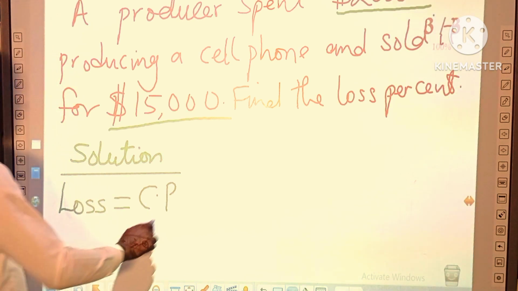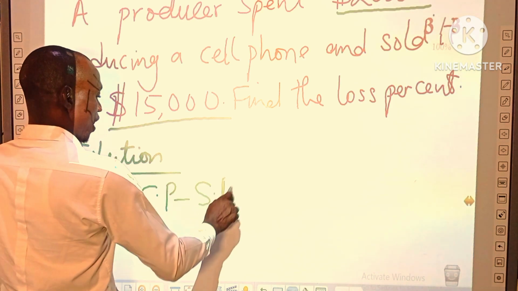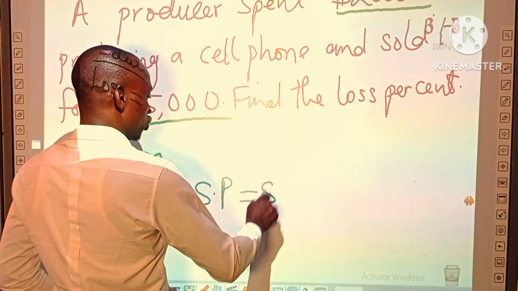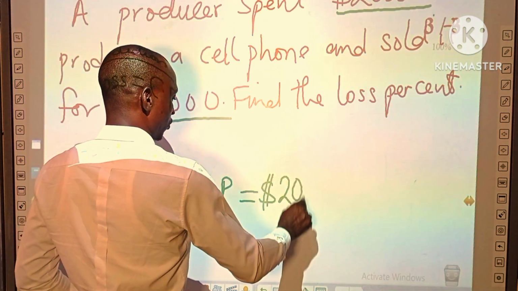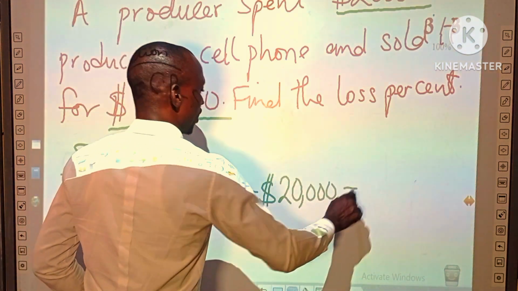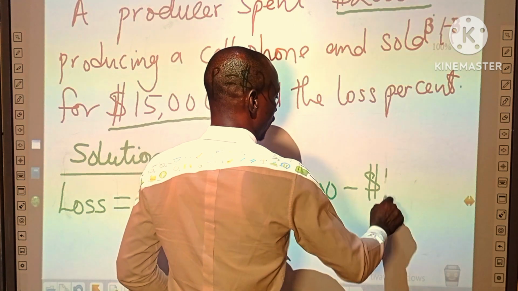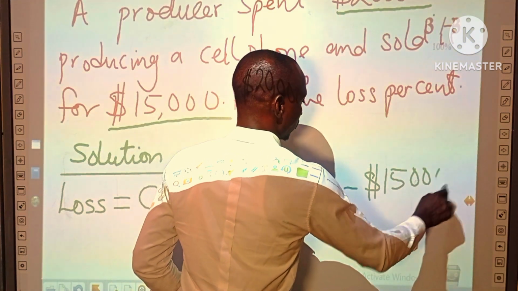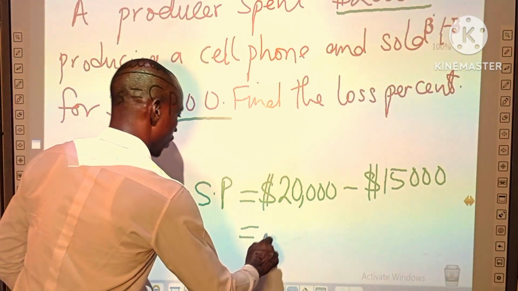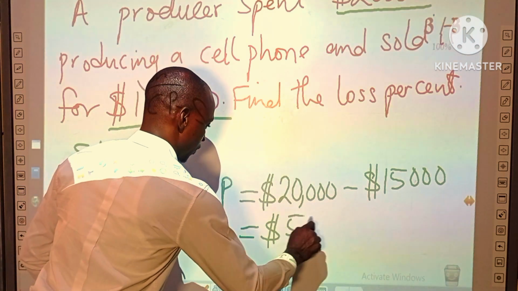So loss is cost price minus selling price, which is $20,000 minus $15,000. This simply gives us $5,000.